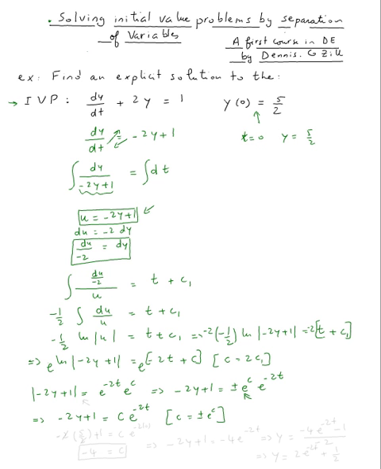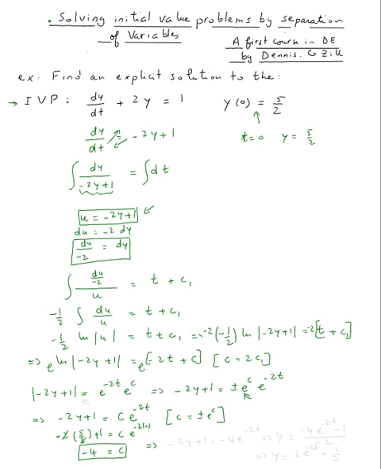So negative 2 times 5 over 2, plus 1, equals C times e to the 0. Simplify this: negative 5 plus 1 means negative 4 is equal to C. E to the 0 is 1, so C is equal to negative 4.